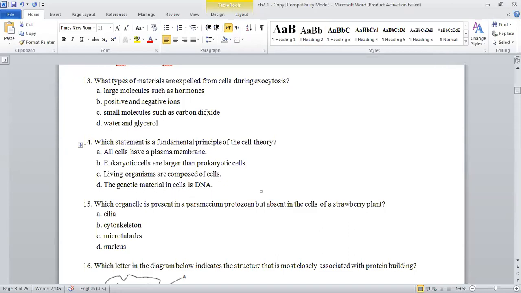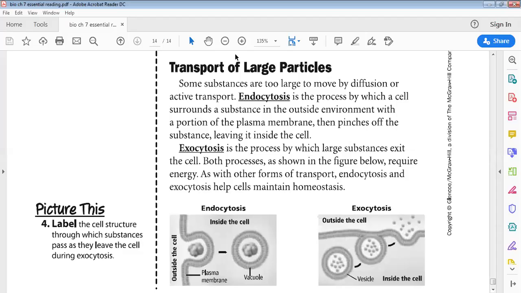Do you know the meaning of exocytosis? What is exocytosis and endocytosis? If you can see the PDF now, transport of large particles. Some substances are too large to move by diffusion or active transport. Endocytosis and exocytosis move large particles.